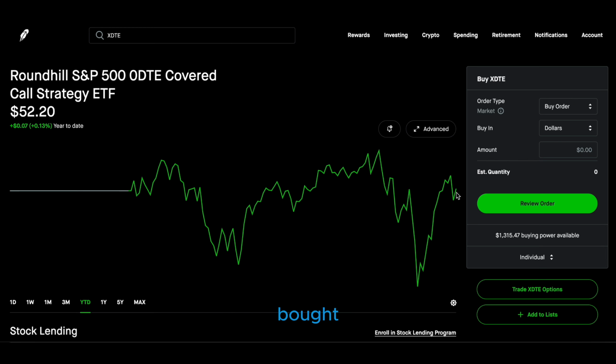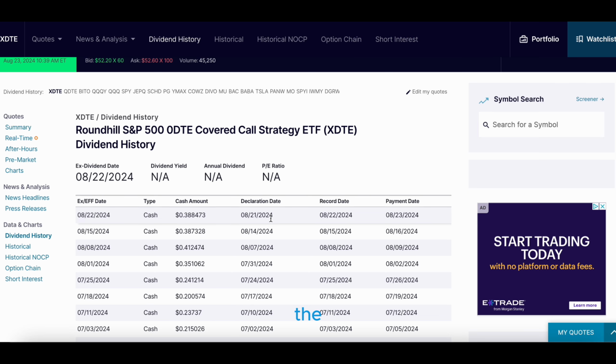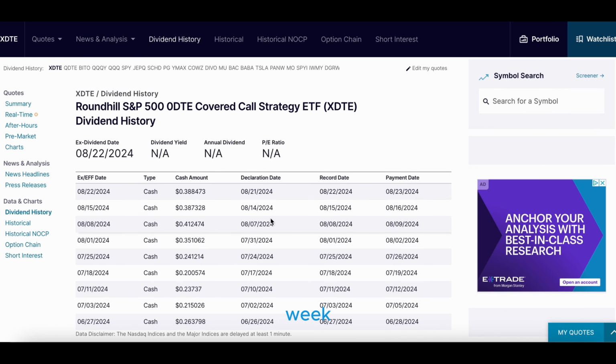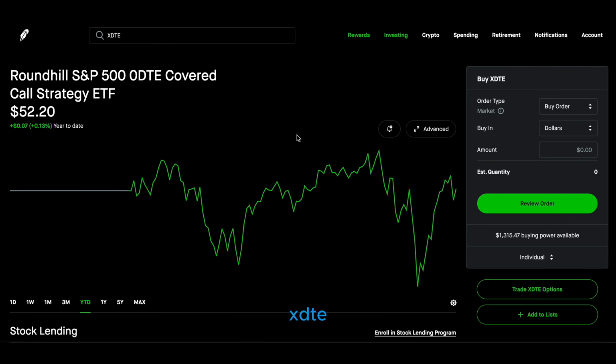So if you bought $5,200 worth of 100 shares, you would still have $5,200 plus the 29 cents per week income that you have made. So that's the power of XDTE and the covered call strategy on the S&P 500. With less volatility, it provides less premium, or less dividends in other words, and also tries to keep the NAV value the same.